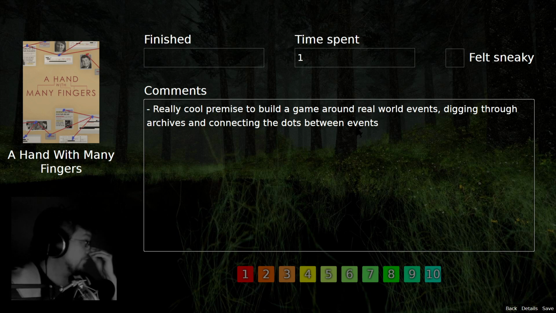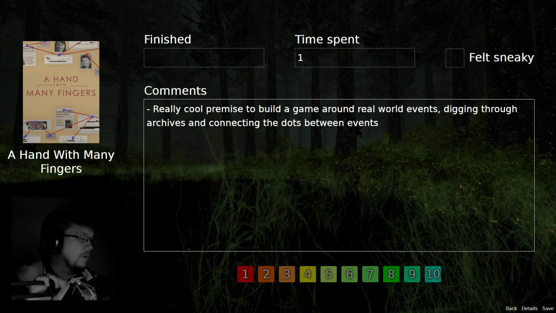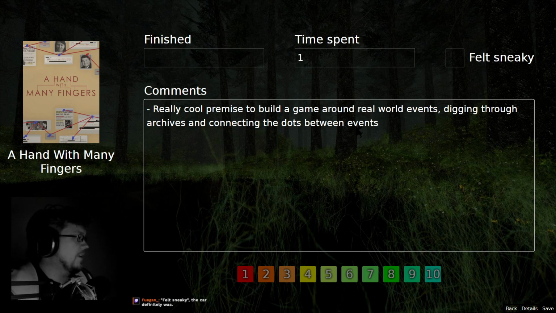Like, the premise is really, really cool, and I think it was interesting to just work out which events are important and go through massive amounts of things and try to work out who was doing what and where.